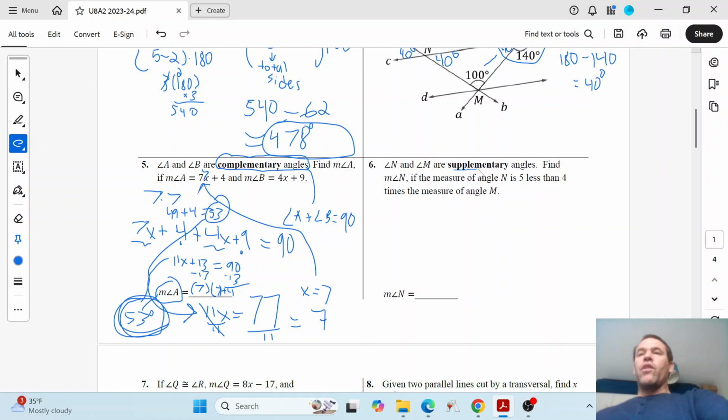Wow. So first of all, supplementary angles means these two add together. So n plus m add together, and they're going to equal 180 degrees.